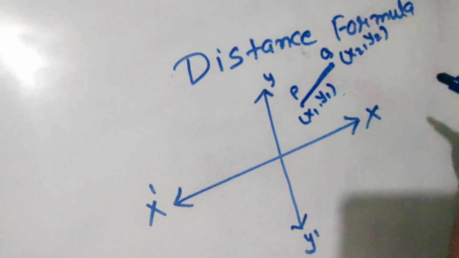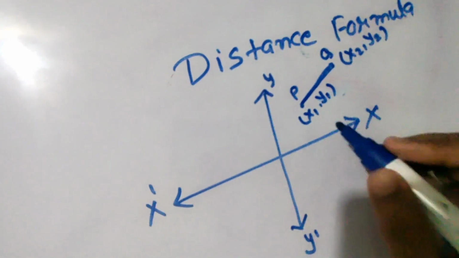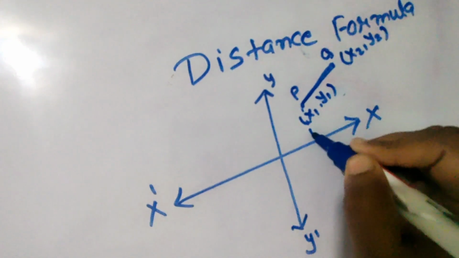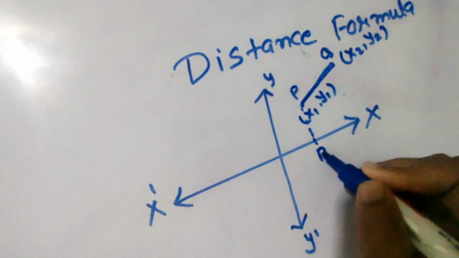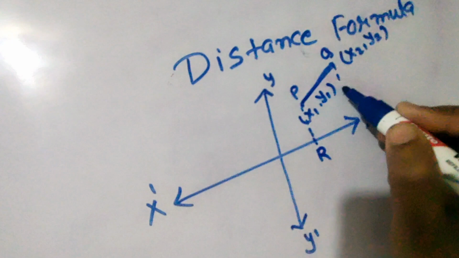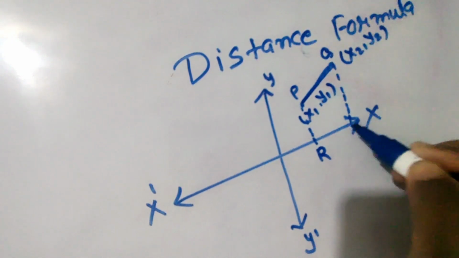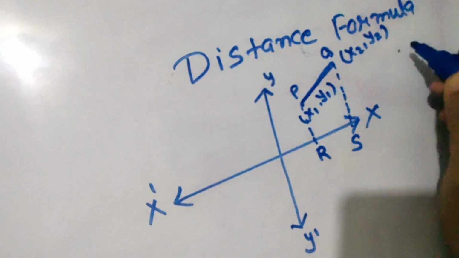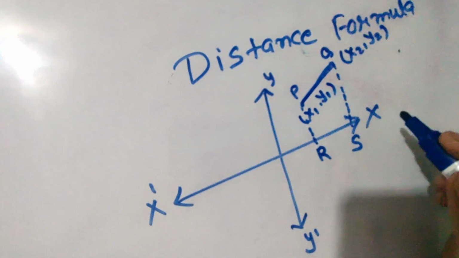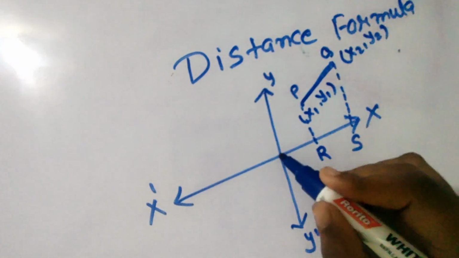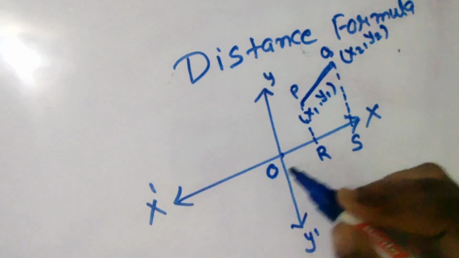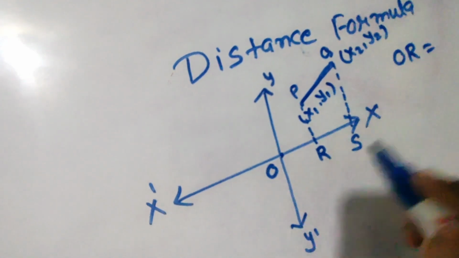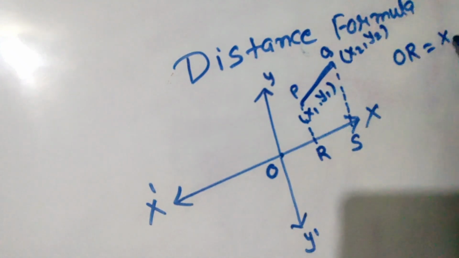Then how can we find this? First here mark R, and here mark S. Think this is the origin, this is O. What is the distance for OR? OR distance is x1.